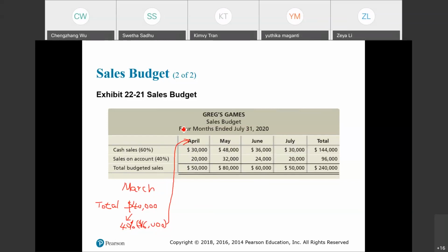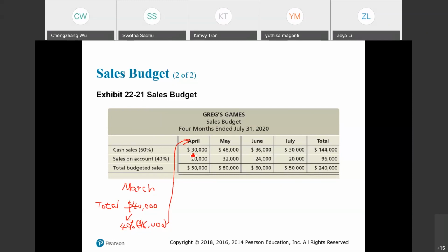So let's see, in April, the total budgeted sales is 50,000. 60% of 50,000 is 30,000, which is on cash.